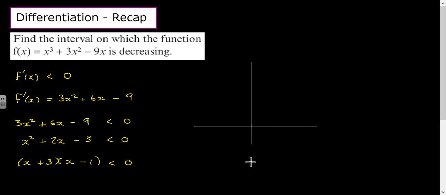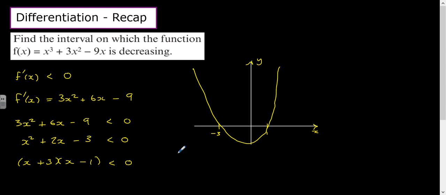So in order to decide which side of this, essentially, that we're working on, I'm going to draw a quick sketch of this little quadratic that I've created. Here's my x, and here's my y. So x plus 3, x minus 1, the roots are going to be 1 and minus 3. This quadratic, if I did sketch it, would go through minus 3. So it's going to look, and forgive the sketch, a bit like that, right? A bit like that.